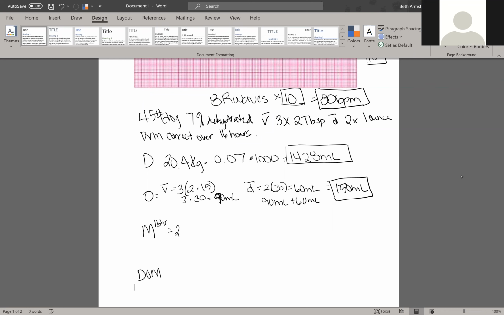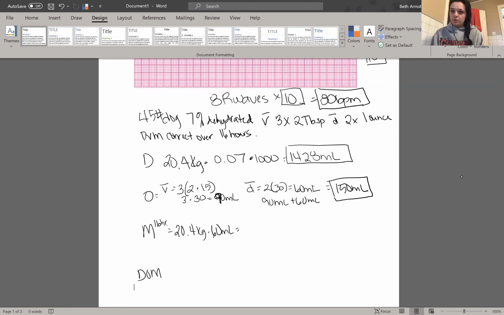Good. So 20.4 kilograms times 60 mLs is how much? 1224. 1224 mLs. All right, so that's per day. So now let's do it per hour. Divide by 24. Good.